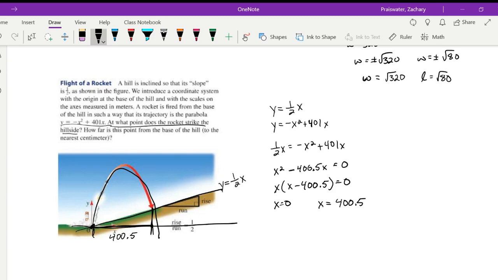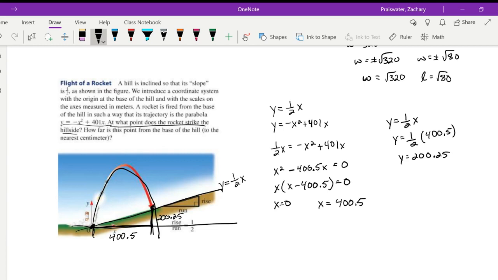And so then to find the point up, we can just plug it in to y is equal to 1/2 x. And so that is 200.25 is how high it is.